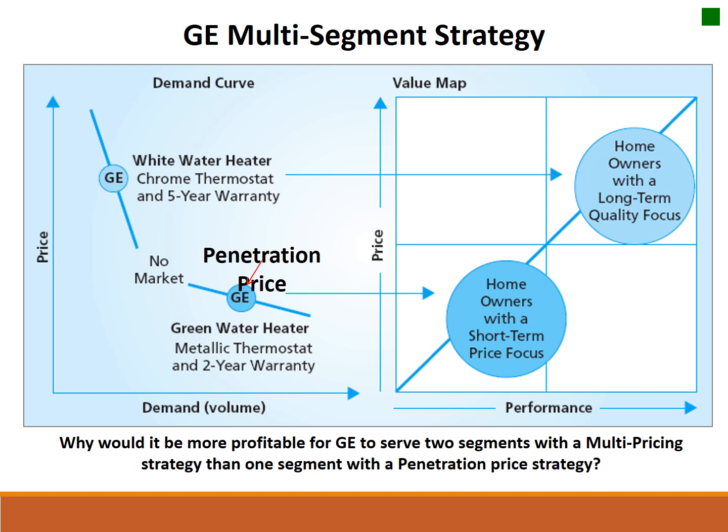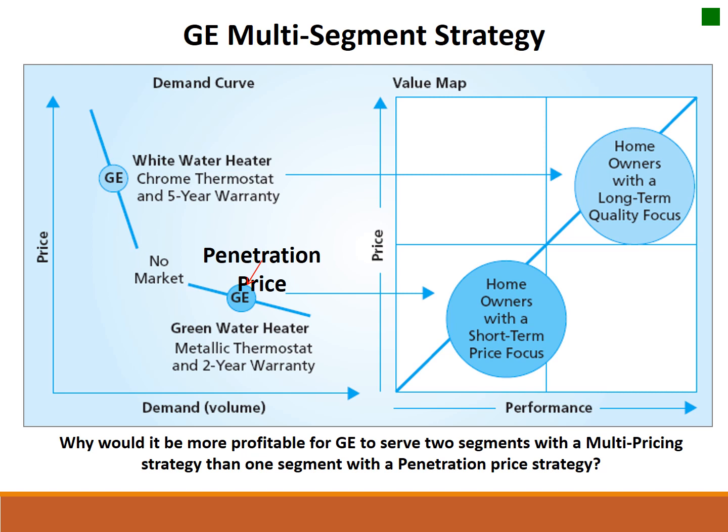So each segment that we've identified, and in this case we have an example from General Electric, who has two different market segments. They have a market segment that wants a long-term solution, and so they're not very price sensitive in this particular case.